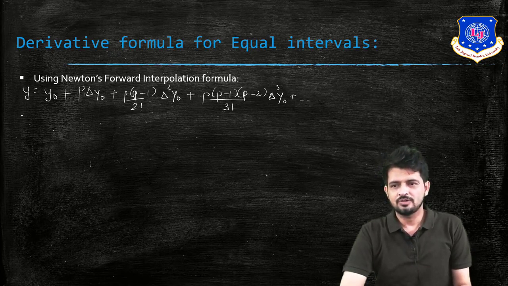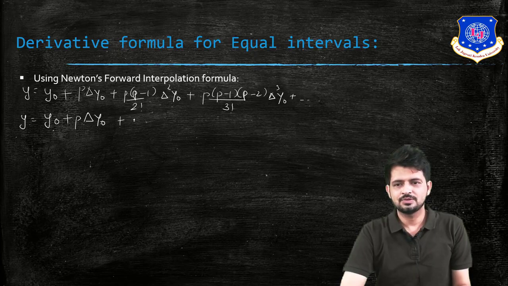Okay, we can also write like this. Let us simplify this. Y0 plus p del y0 plus p square minus p upon 2.